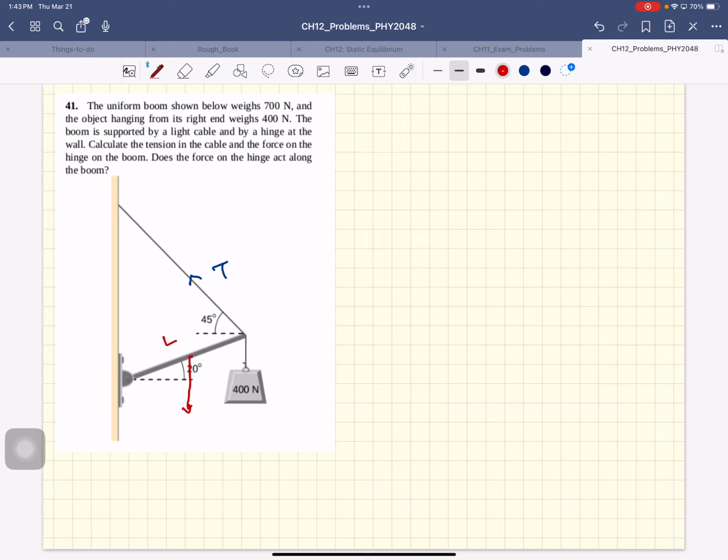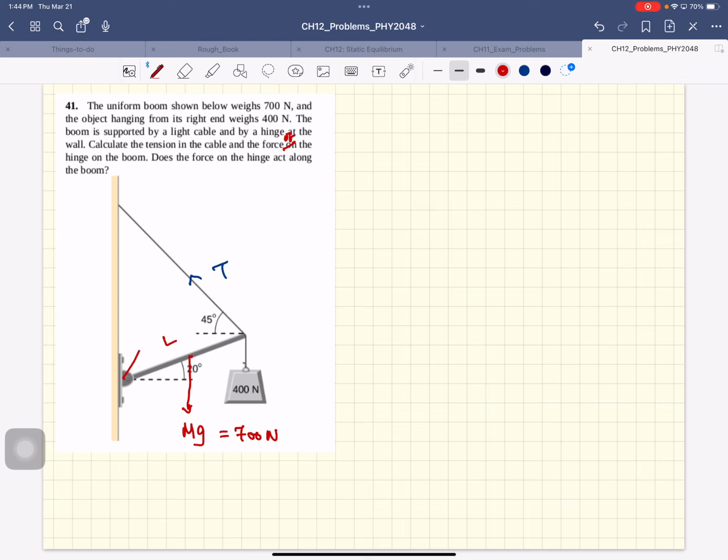So let's say the length of the boom is that, mg, which is 700 newtons. Calculate the tension in the cable and the force of the hinge on the boom.